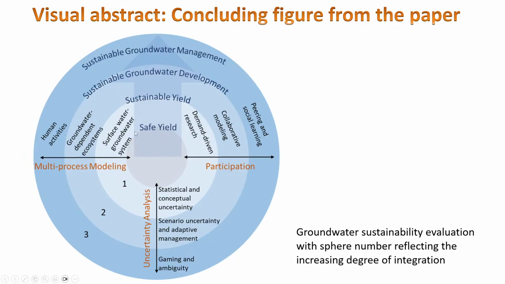If you're just estimating safe yield, you could be at this inner sphere, from here to here. If you want to estimate sustainable yield, it would be from here to here. For sustainable groundwater development, you would include these things, and for sustainable groundwater management, you will include all these different components in your evaluation.